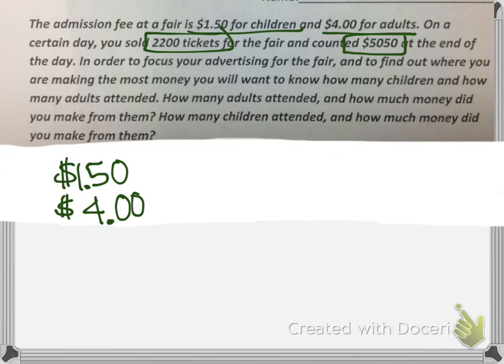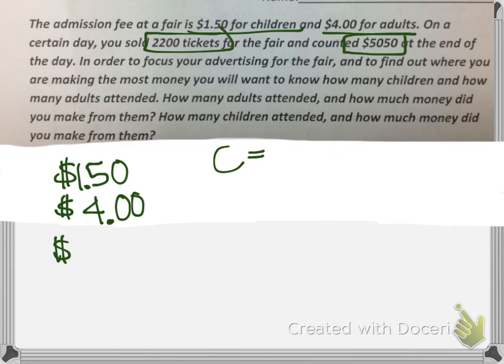So if I've got, let's say, 6 adults coming to the fair, what I would do is multiply $4 by my 6 adults, and those adults would have paid $24 total. So on here, I'm going to be multiplying the 4 with how many adults, and multiplying 1.50 with how many children.